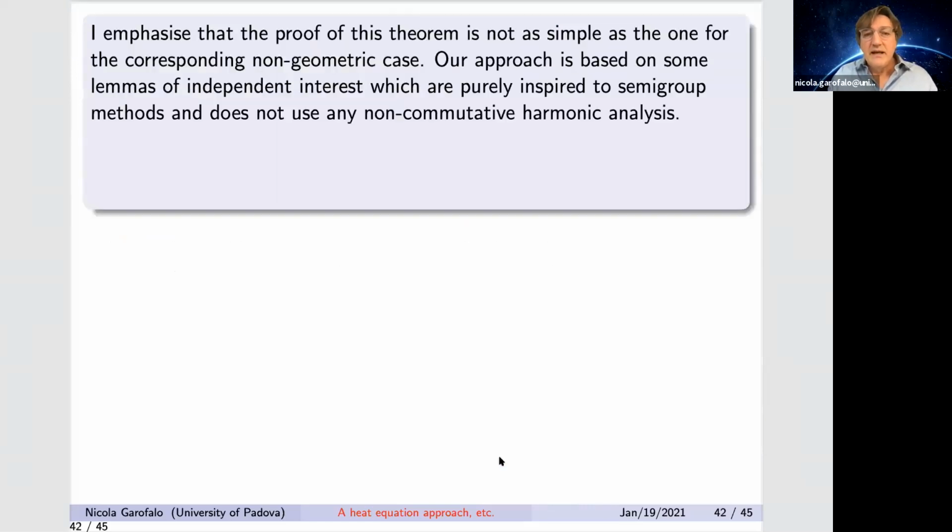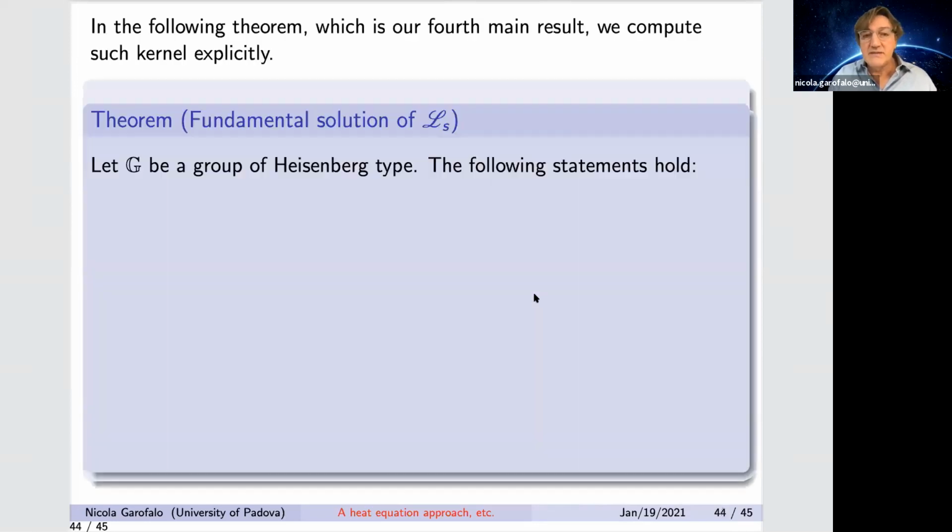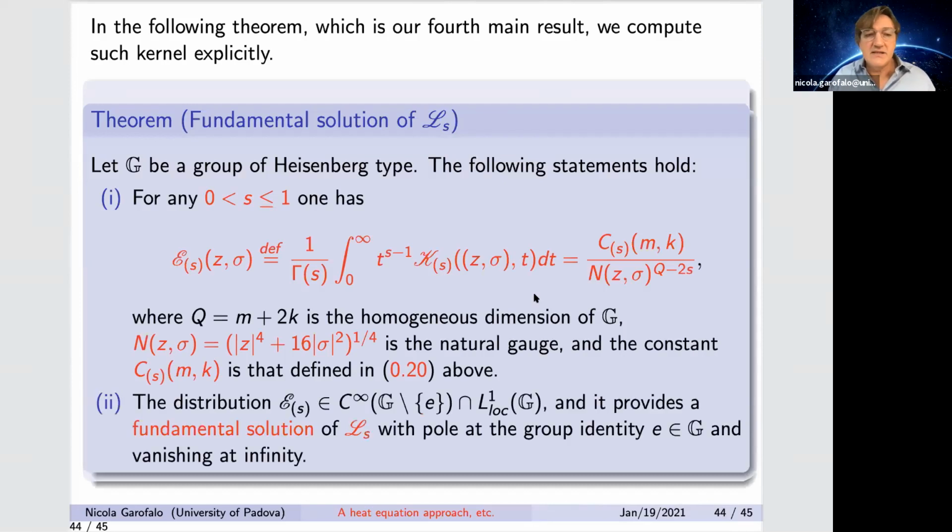And then with that invertibility formula, we're also able to prove and compute explicitly, and this is my last result, the fundamental solution of L_s, which is given by this integral here, which, notice, produces precisely the appropriate power of the gauge.